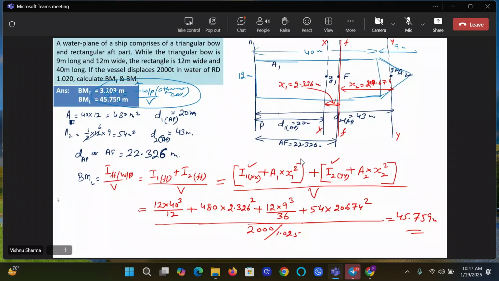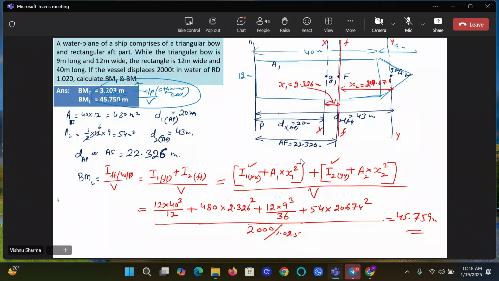Guys, everybody's got the answer, or anybody is still engaged with calculations? Let me know. Calculating, sir. Calculator. Once you're done, let me know. Guys, you need to also practice using your calculator efficiently. Using all the functionality, you have to just solve it on the run and get right the way I've written, equal to 45.759. That's it.